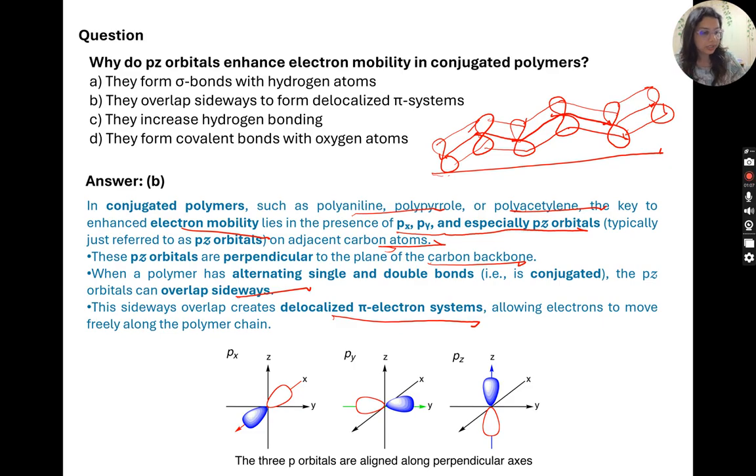On the electron mobility effect: electron mobility and thermal conductivity are two different phenomena. There are many materials which show electrical conductivity but not thermal, and many which show thermal conductivity but not electrical. The reason is that for electrical conductivity, the moving of electrons is important, but for thermal conductivity, phonons, or the vibrational energy that can transfer from one form to another, are the important factor rather than the mobilization of electrons.